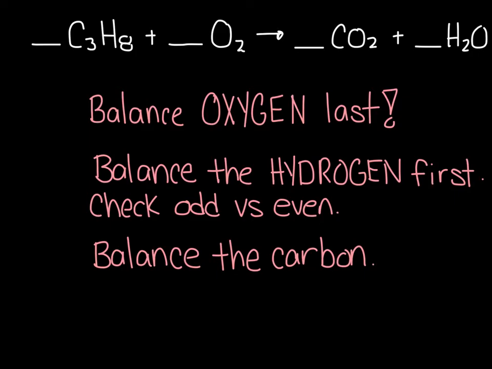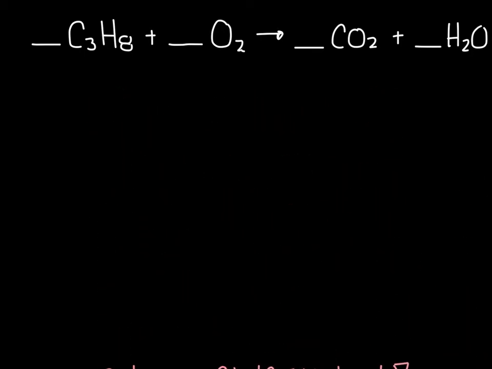So we always are going to check the reactant side to see if the hydrogens are going to give us an odd number or an even number. If it gives us an odd number, we're going to do something special to the hydrocarbon. After we balance the hydrocarbon, we balance the carbon, and then last we balance the oxygen. All right, let's try a new example.